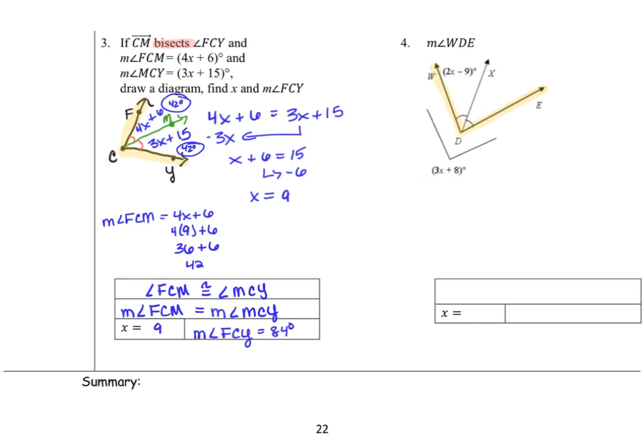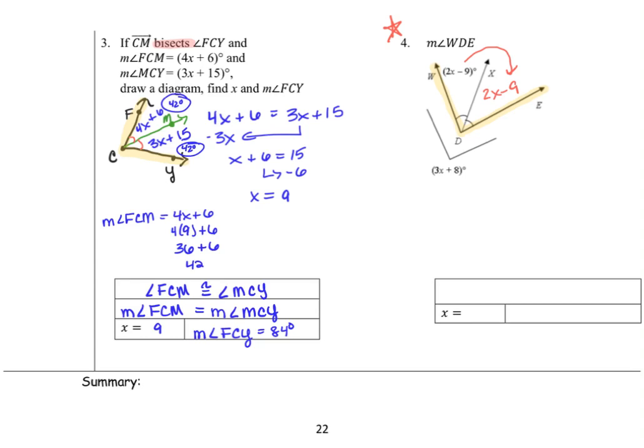So what do you think we're supposed to do? Because you have these little arcs here, that tells me that WDX is congruent to XDE. So that means that I'm going to star this one because this one's a little bit difficult. This angle is also going to be 2x minus 9.